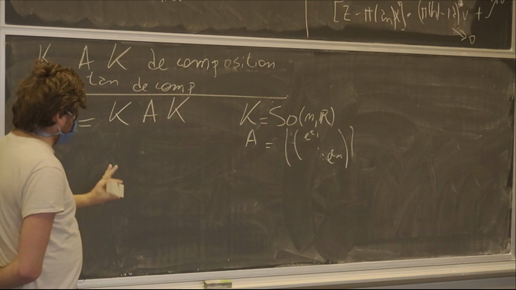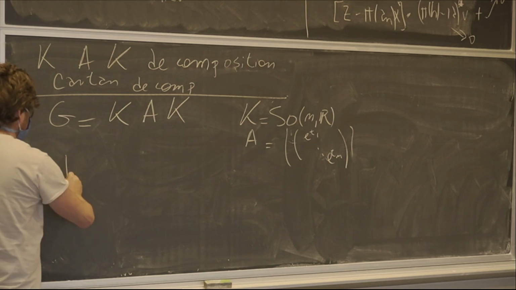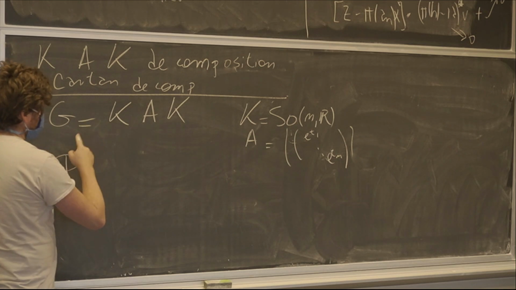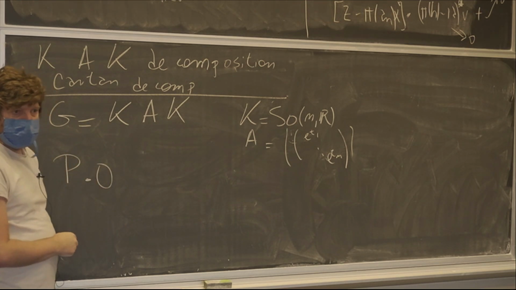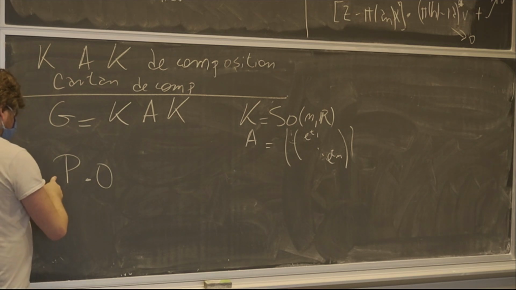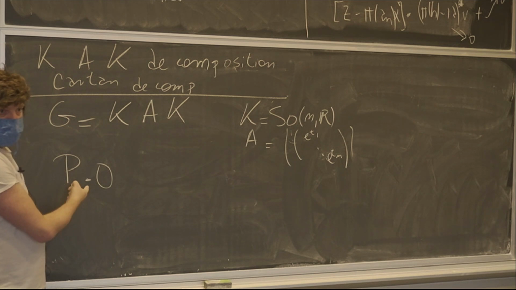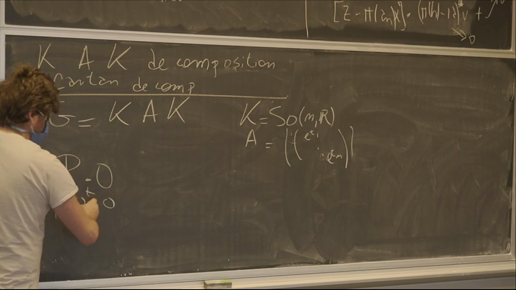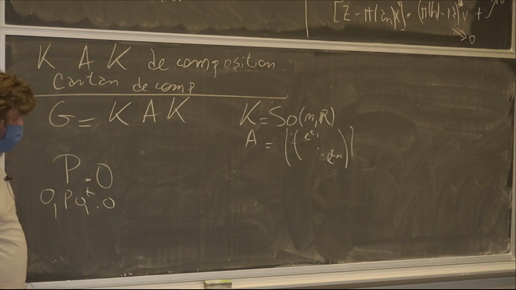The proof is the same as the linear algebra decomposition that tells you that any matrix can be written as a positive matrix times an orthogonal one. There are several ways of doing it, but by the spectral theorem, the positive matrix is orthogonal 1, P, orthogonal 1 transpose, times the other orthogonal, and then you get the KAK decomposition.